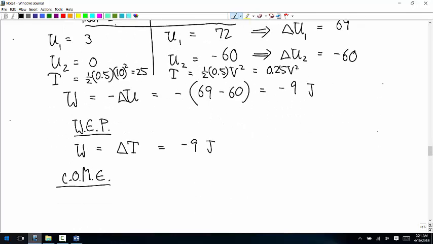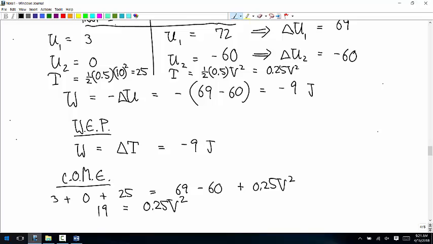Conservation of mechanical energy says 3 plus 0 plus 25 is equal to 69 minus 60 plus 0.25 v squared. And so 28 minus 9 is 19, which is equal to 0.25 v squared.